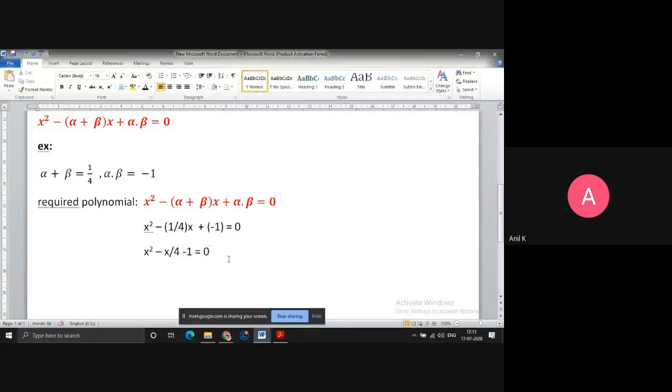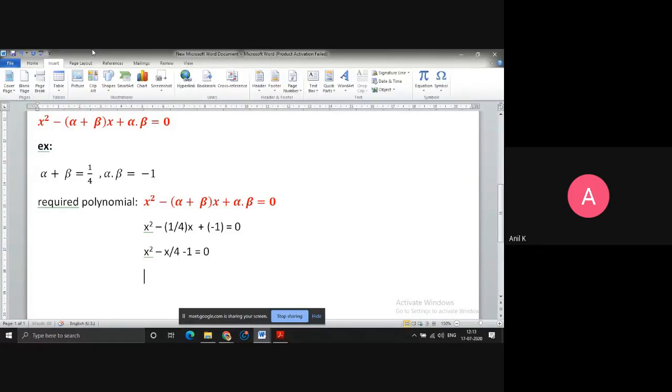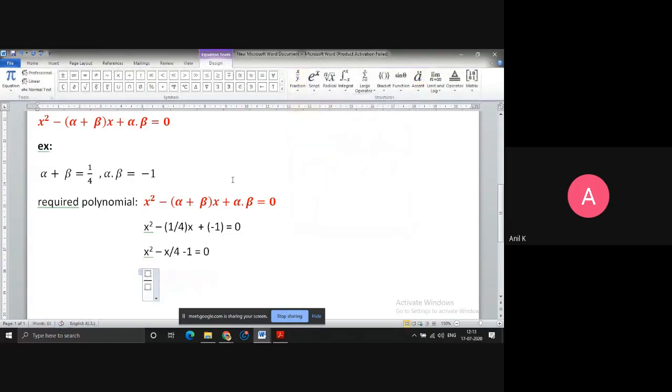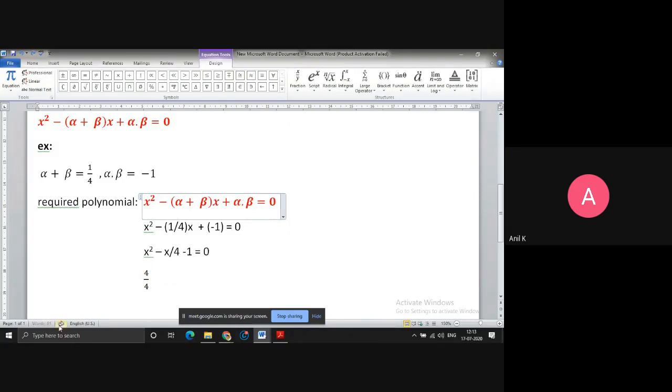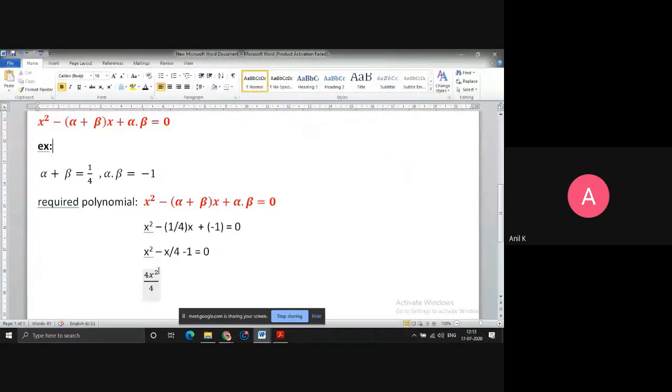Or if you want to simplify further, you may take the LCM. The LCM is going to be 4, and the numerator will be 4x square minus x minus 1, equals 0.